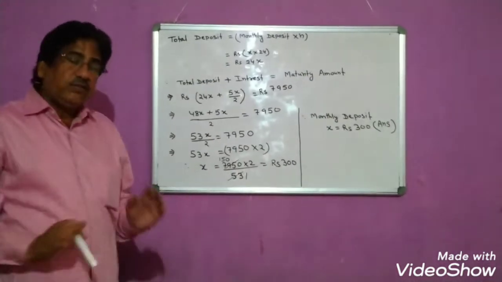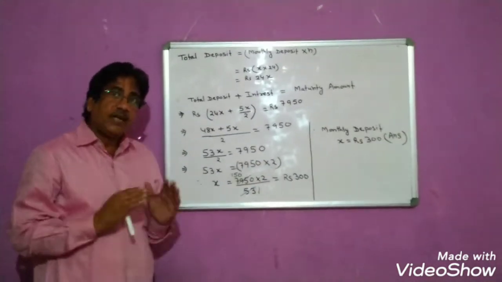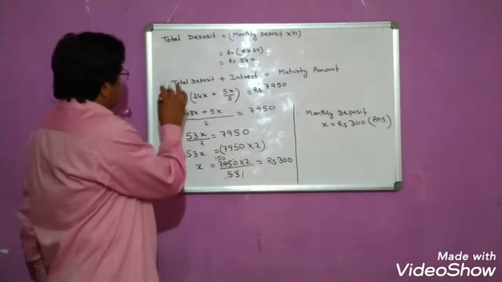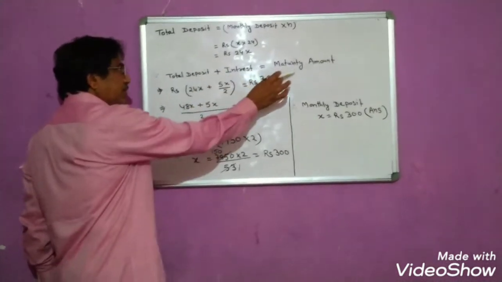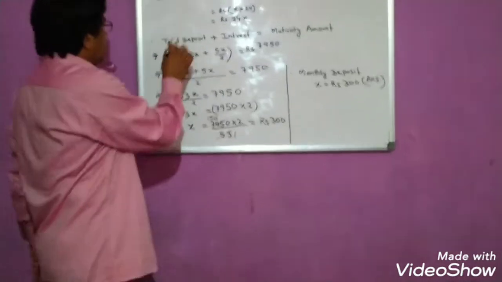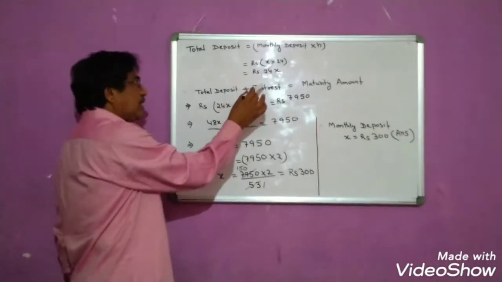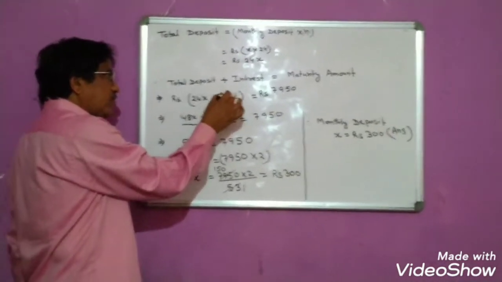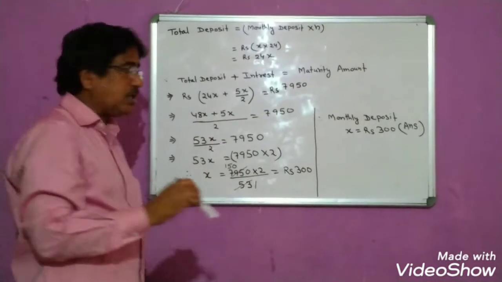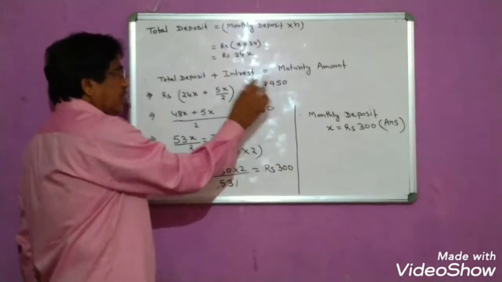And we know that the total deposit plus interest gives you the maturity amount. We now know the value of all these three. Total deposit is 24x, interest value we have calculated as 5x by 2, and the maturity value is already given in the question as rupees 7,950.